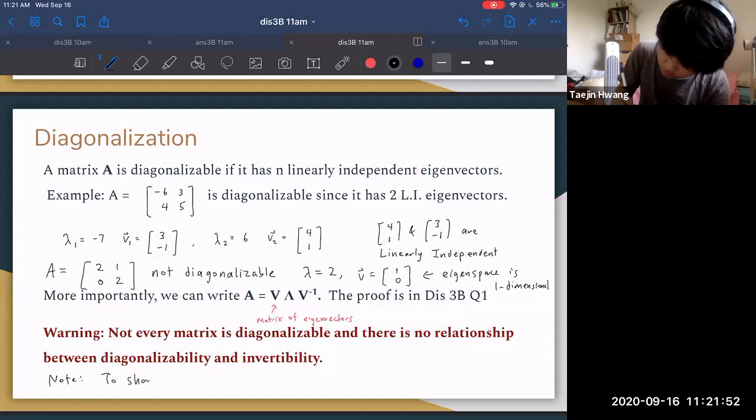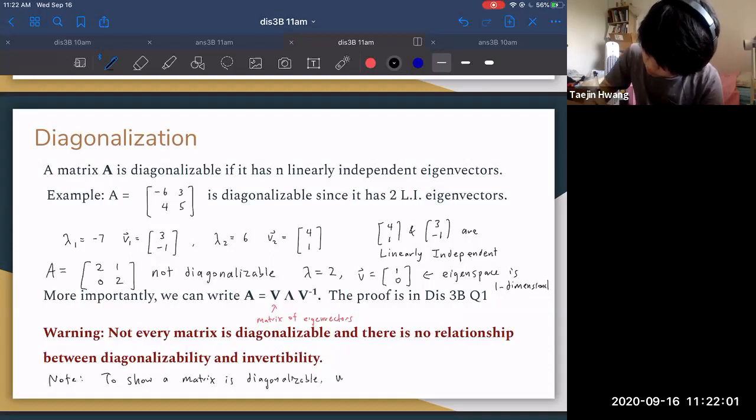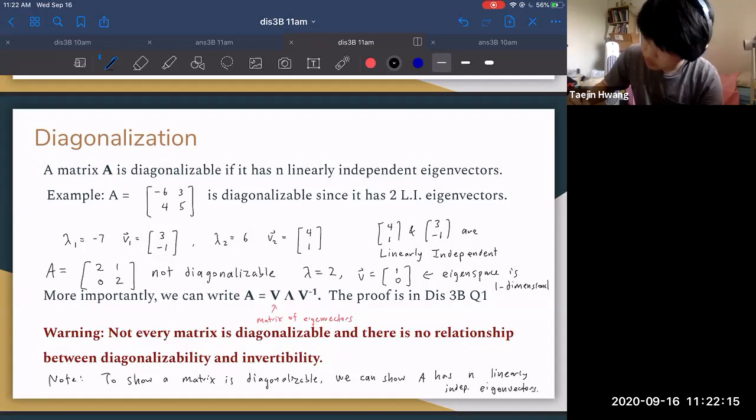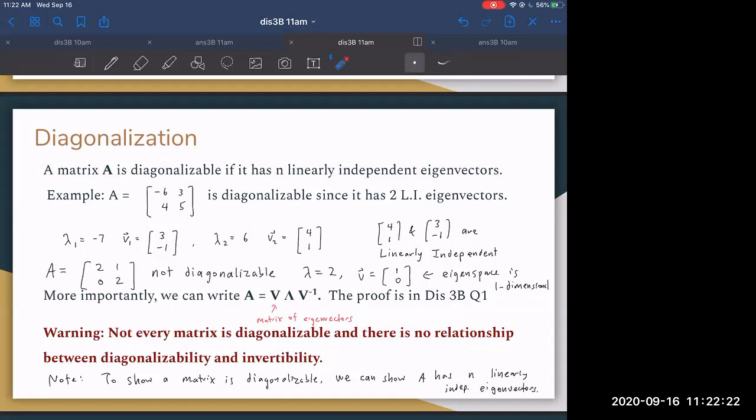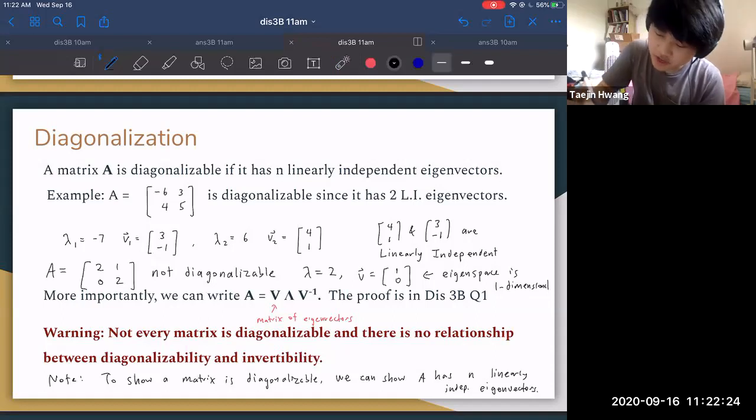To show a matrix is diagonalizable, we can show A has n linearly independent eigenvectors. As we said, if we find n linearly independent eigenvectors of A, the matrix is diagonalizable. Is n the dimension of A? Yeah, n is the dimension of A.